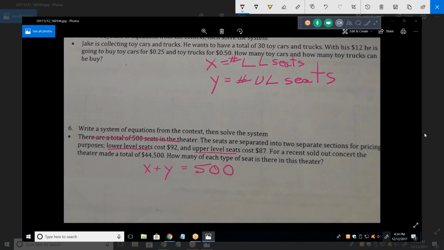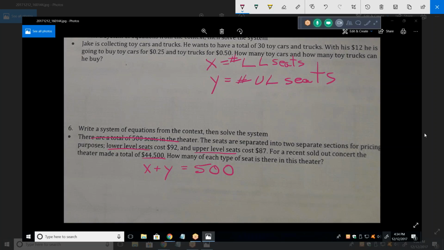Now, based on the second sentence, give me another equation. Actually, the next two sentences. Got to go all the way down to there to get to the full equation. It's the total price you get for all the lower level seats.